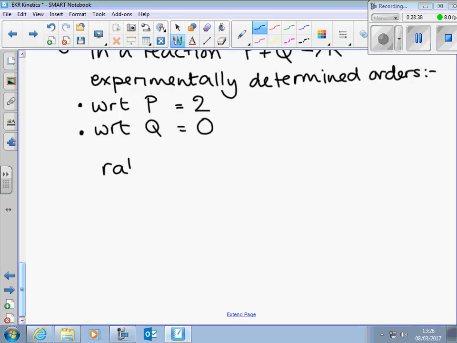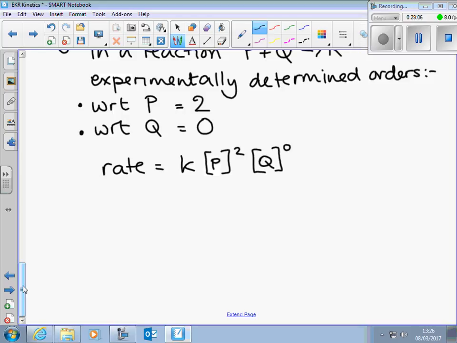We'd say rate equals... What's the first thing we have to write? K. Then square brackets P to the power 2. And then theoretically, yes, you'd write Q to the power 0.